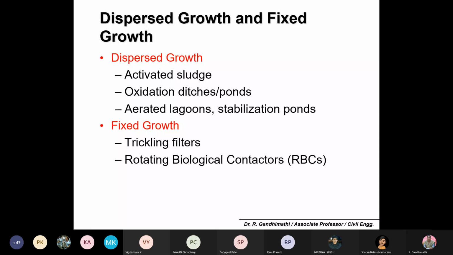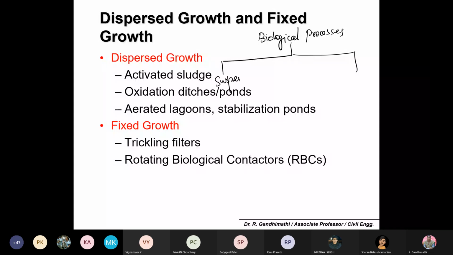Then depending upon the attachment of the microorganisms with wastewater or to the medium, biological systems may be classified as suspended growth systems or attached growth systems.